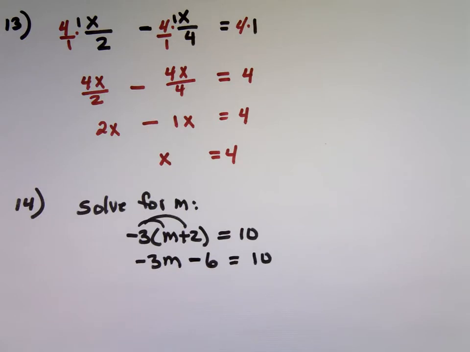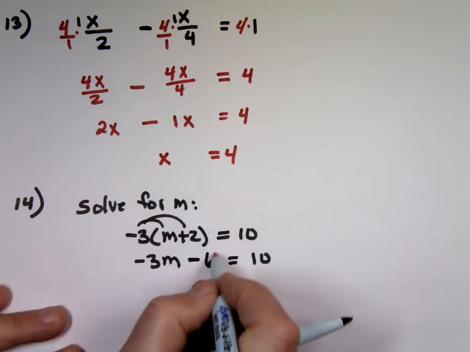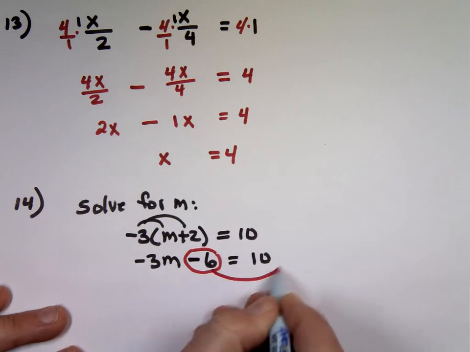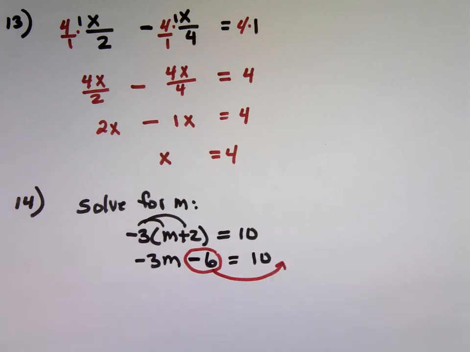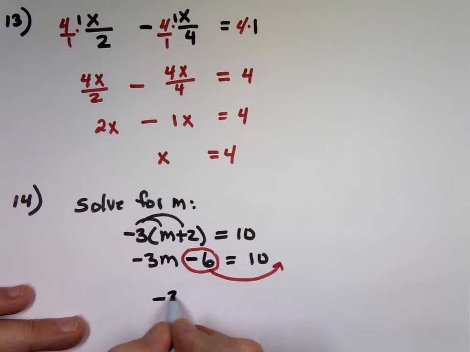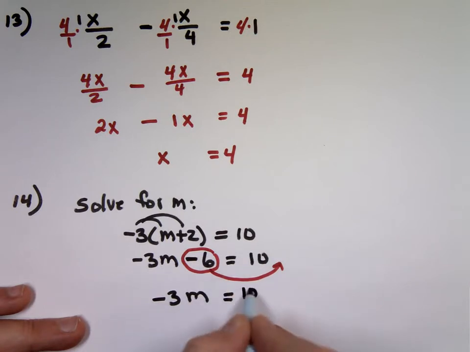Yep, change side, change sign. I like that. Take the -6 there, so you can put all the numbers on one side. It's 10 plus 6. What's 10 plus 6? 16.